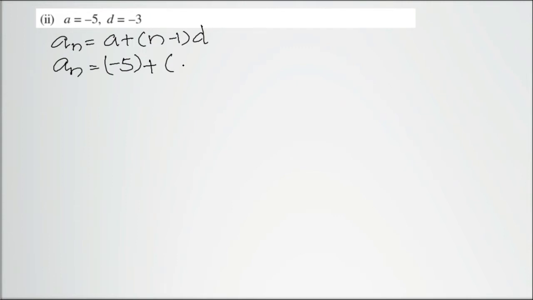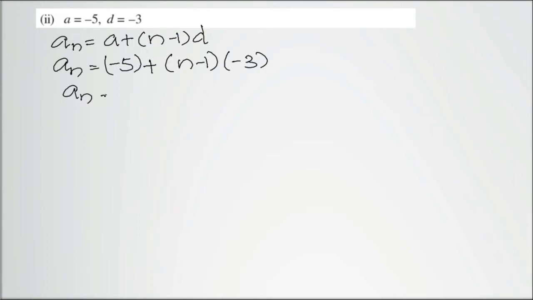Second one, the value of a given is negative 5 and d value is negative 3. Again, we'll make use of the concept an equal to a plus n minus 1 into d. We'll first find out the nth term. So nth term is negative 5 plus n minus 1 into negative 3.